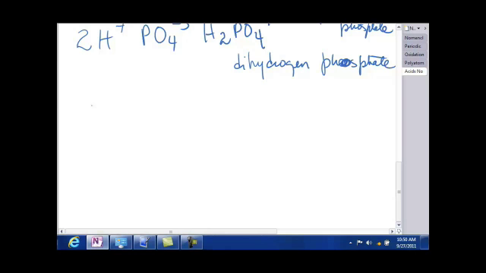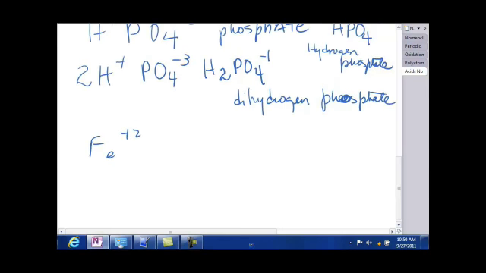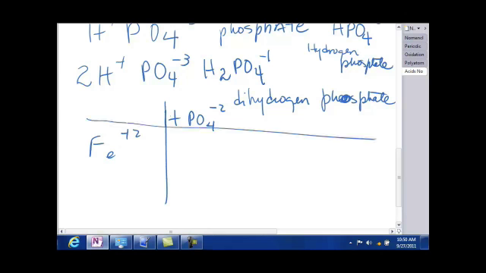Variable? Okay, Fe plus 2. I'm going to combine that with HPO4 minus 2. And I am going to combine that with H2PO4 minus 1.